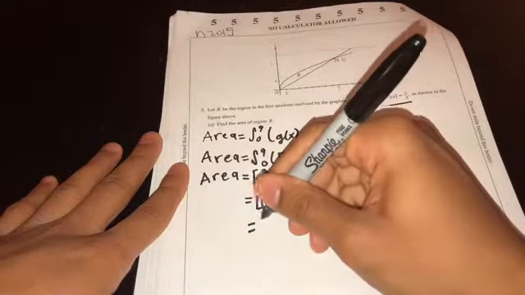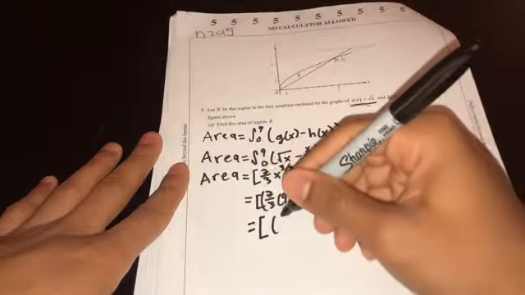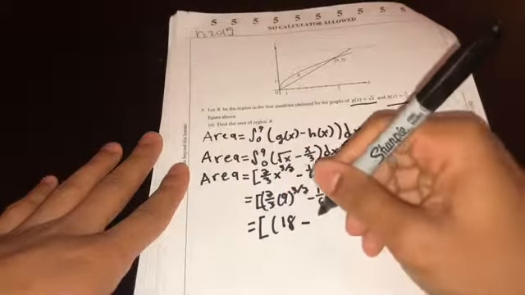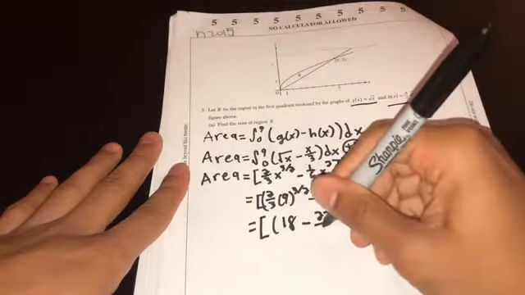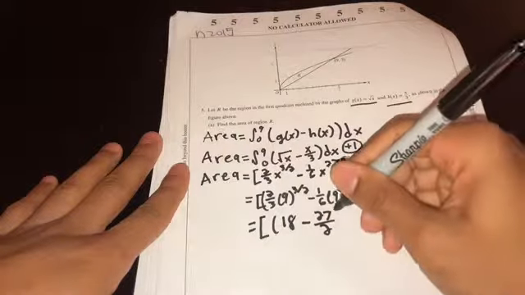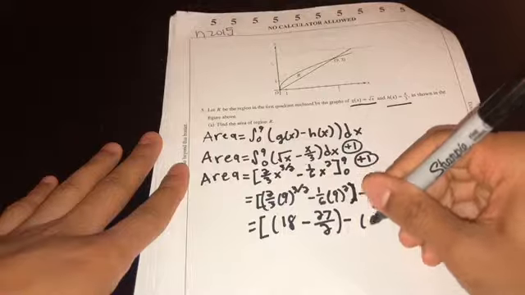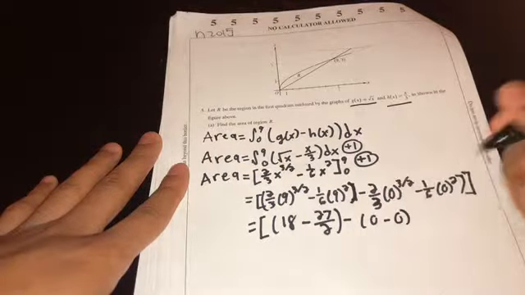This part is going to simplify down to 18 minus 27 over 2, and this is going to subtract to 0 minus 0.